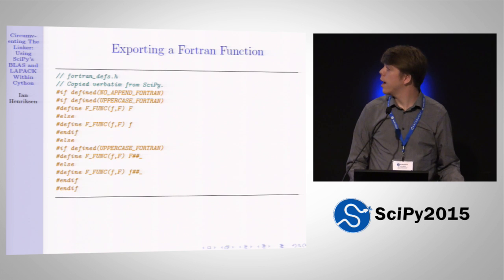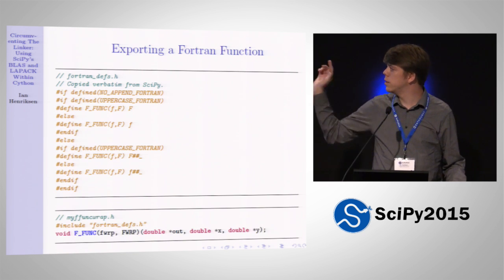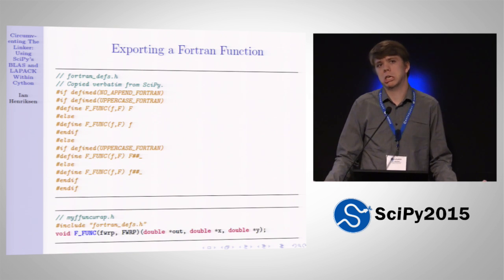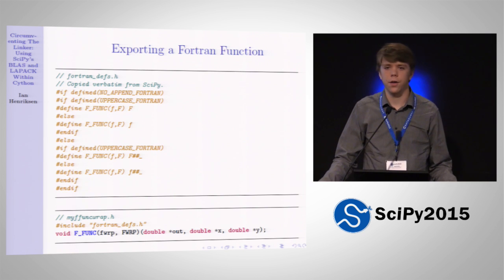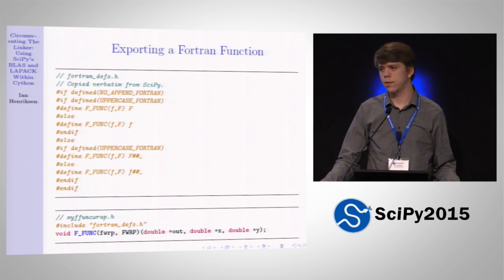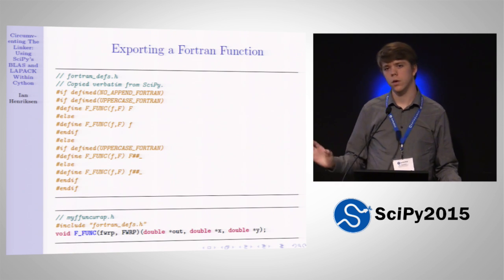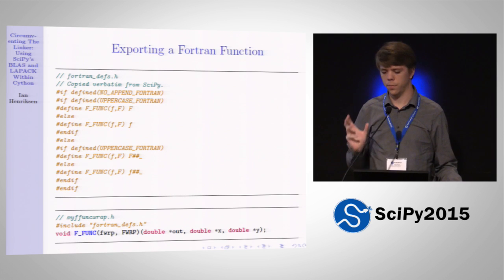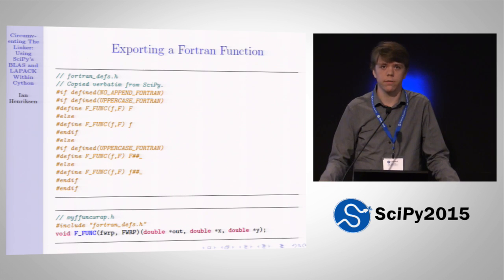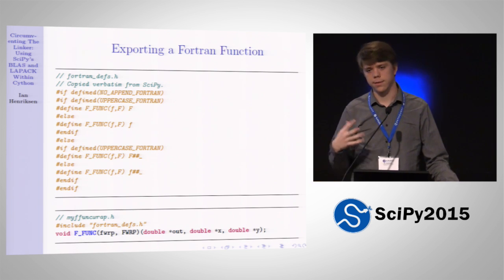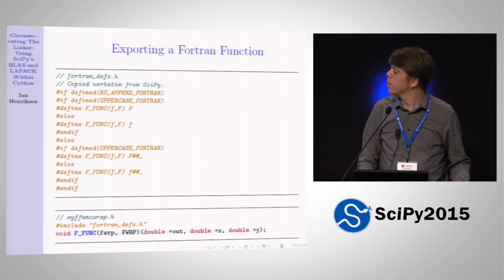Then from here I can include this header file. This is basically just copy-pasted out of a couple different places in SciPy where it's used. This is what they use to get the name mangling scheme right when they're calling the BLAS and LAPACK functions inside their C code.